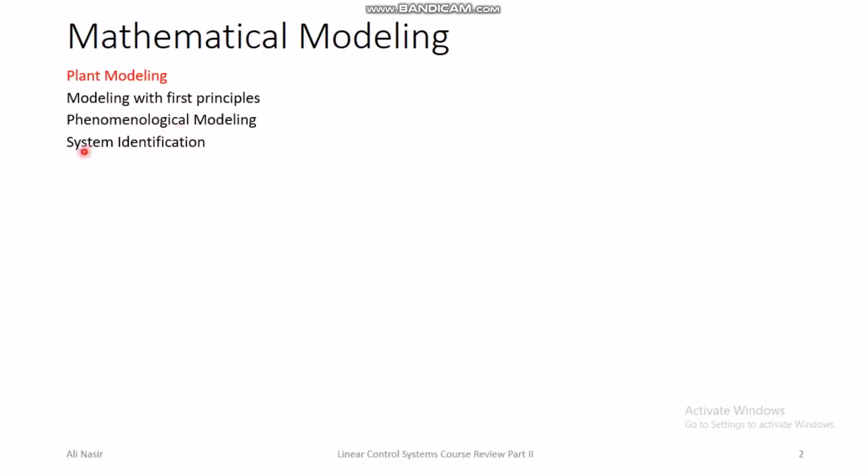Similarly, system identification is a laboratory method of determining the transfer function or mathematical model for a system. In this method, you perform laboratory experiments, apply standard inputs to the system, and calculate the corresponding outputs.